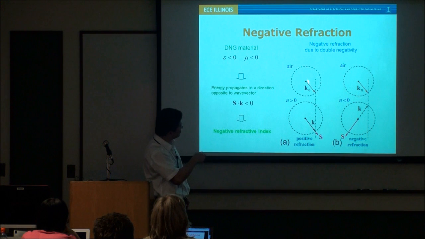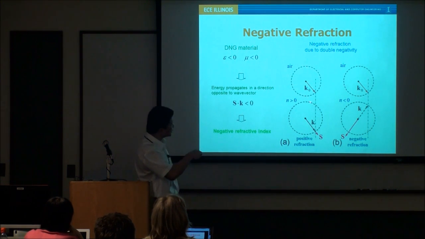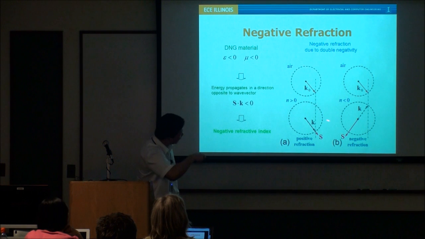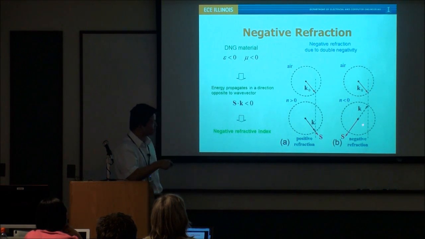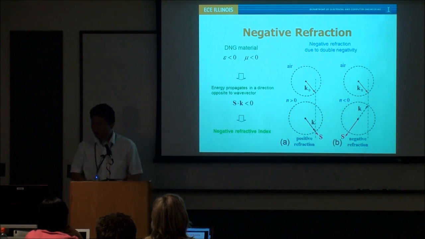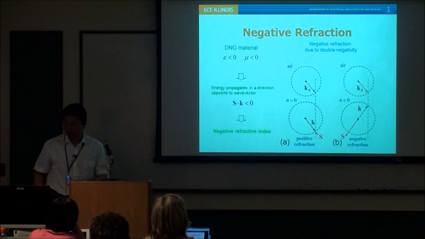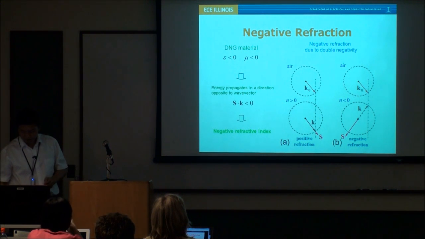For example, if your wave is impinging from the left-hand side of the normal line, you would expect for the positive refraction that the refracted wave or beam or light will remain on the right-hand side. But for the negative refraction, that wave is really bent to the opposite direction. This only happens when you have a negative refractive index or double negativity materials.